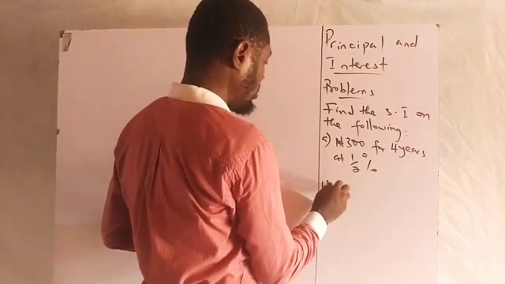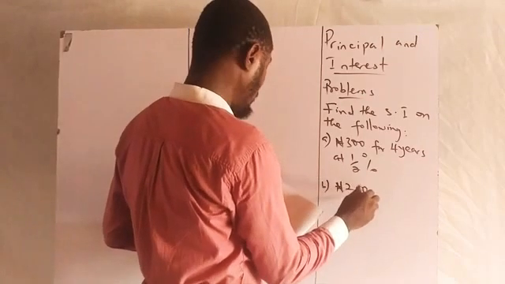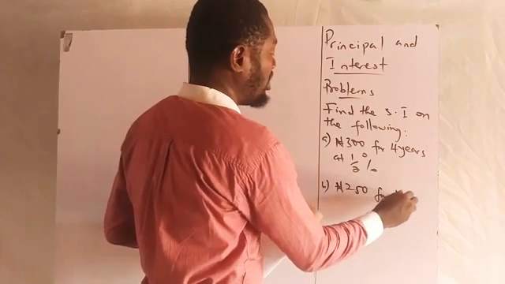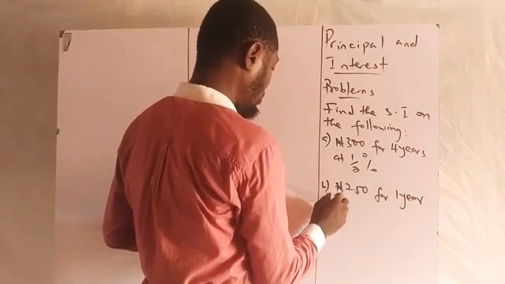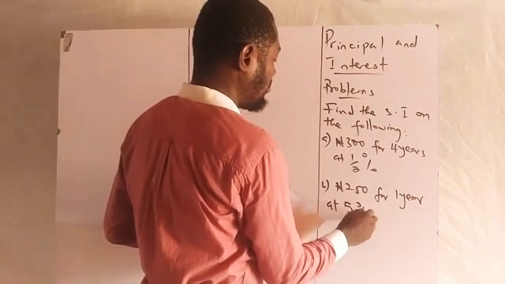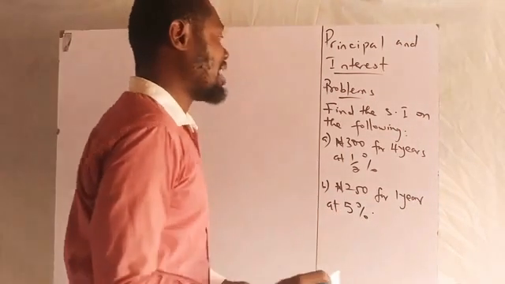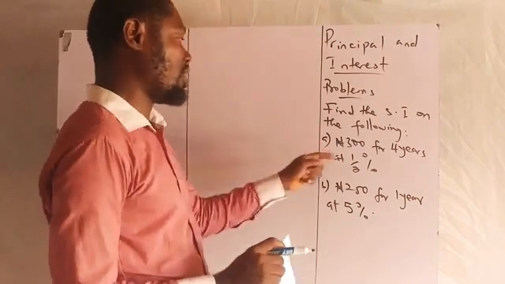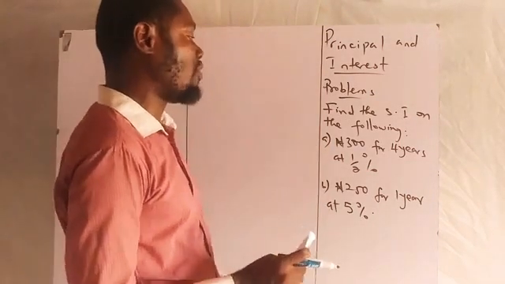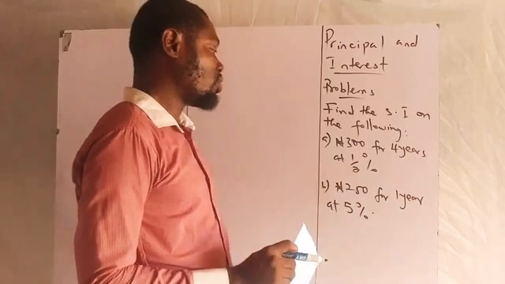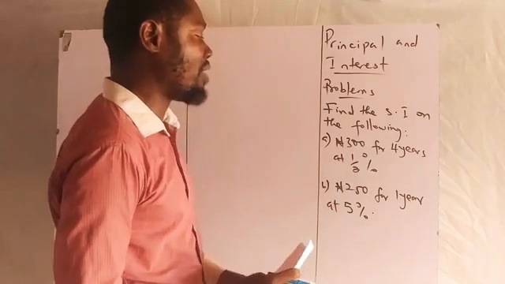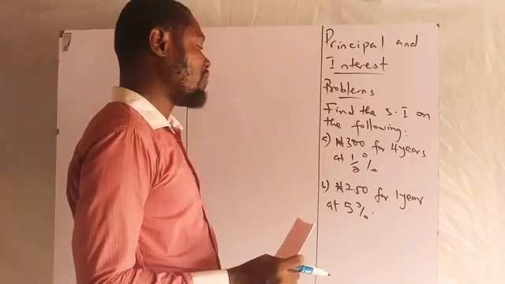B: 250 naira for 1 year at 5%. I want you to find the simple interest on the following: 300 naira for 4 years at 1/2%, and B, the simple interest on 250 naira for 1 year at 5%.